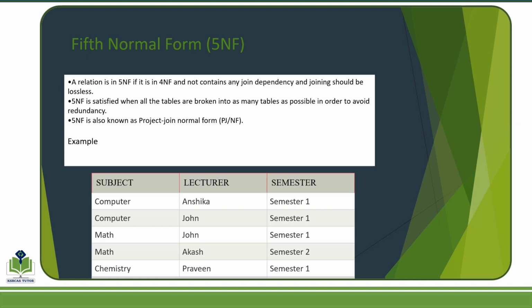Another lecturer called John is handling the subject computer in the same semester 1. Again the same lecturer John is handling one more subject called mathematics in semester 1. And lecturer Akash is handling semester 2 by taking the subject mathematics. Similarly, the lecturer Praveen is handling the subject chemistry in the very first semester.